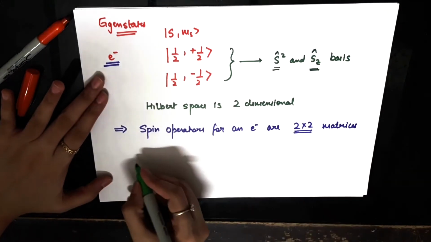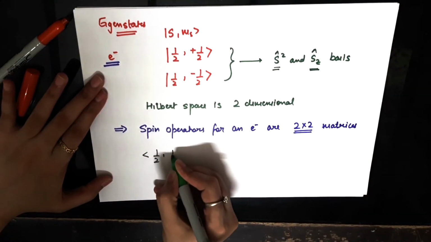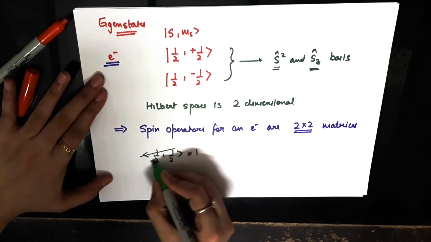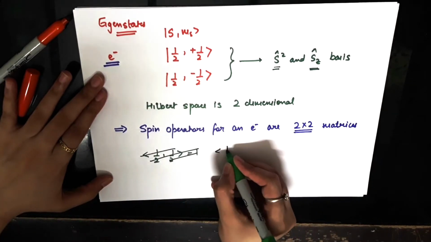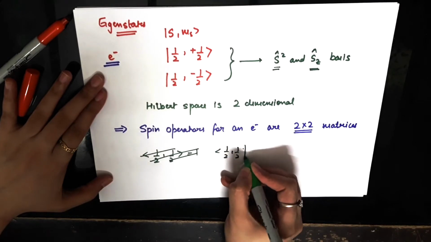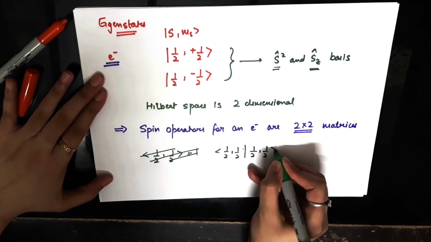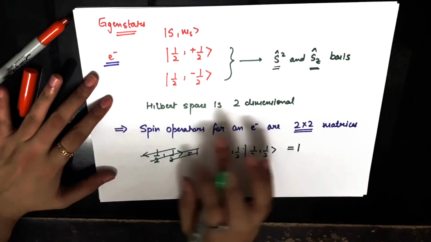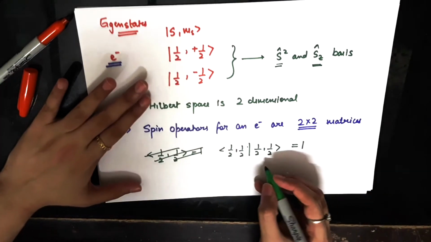So what I mean to say is that the inner product of the half-half state with the half-half state should be equal to 1. So this state is normalized to unity, and the same is the case for half minus half.